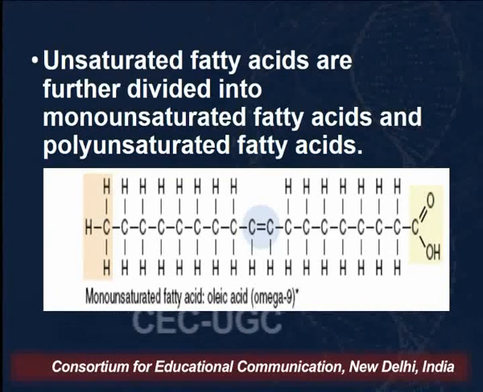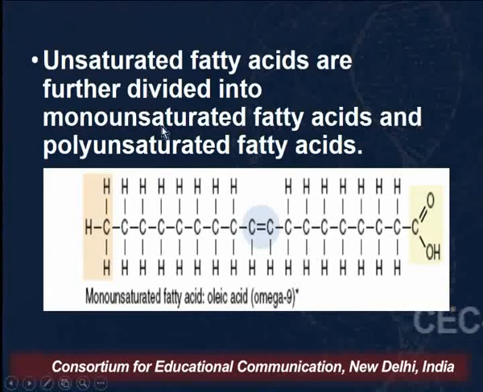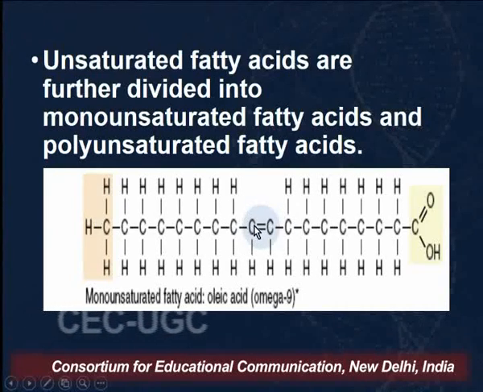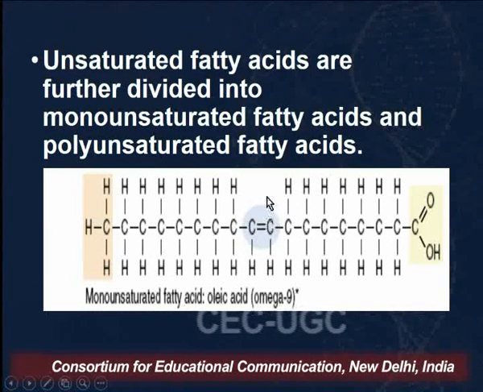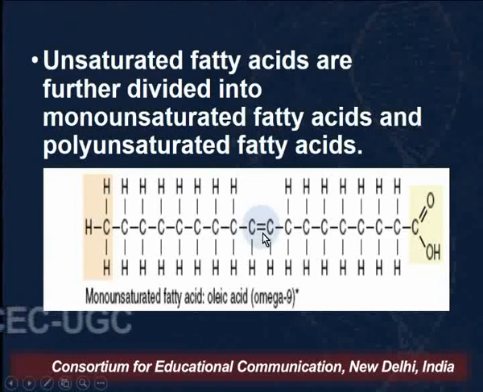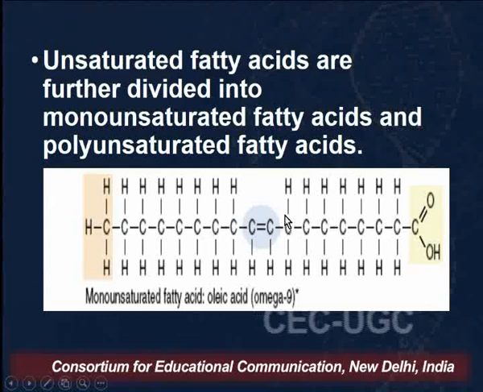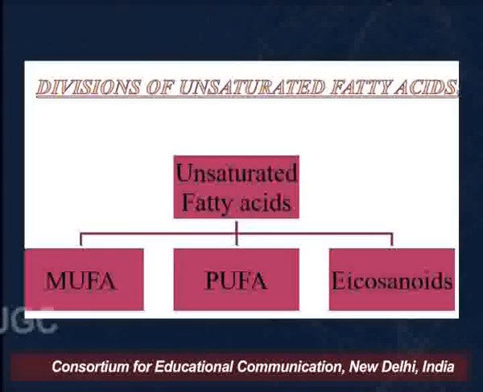We have a point of unsaturation here. That is, these carbons are not saturated by hydrogens. Instead, there is a double bond between these two carbons, and there is only one double bond, therefore we call them monounsaturated fatty acids.